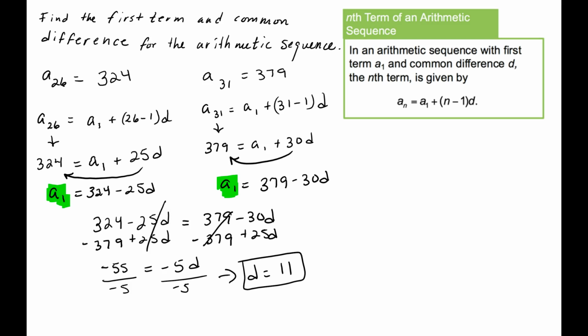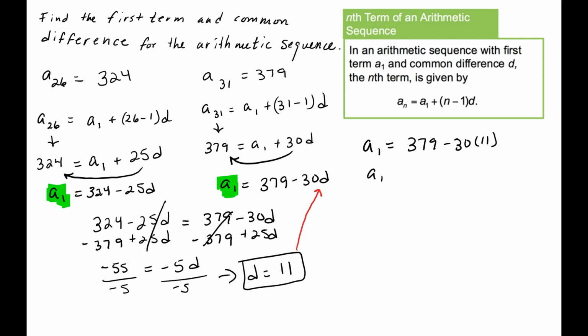Now let's find the first term. Well, that's very easy to figure out, because all you have to do is take the D now and plug it in. Let's just plug it in right here, and we'll find A1. So 379 minus 30 times 11.